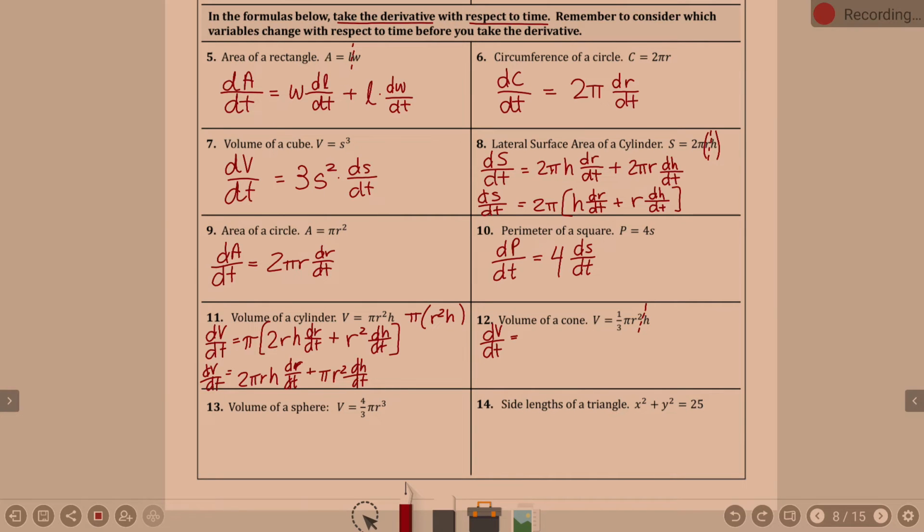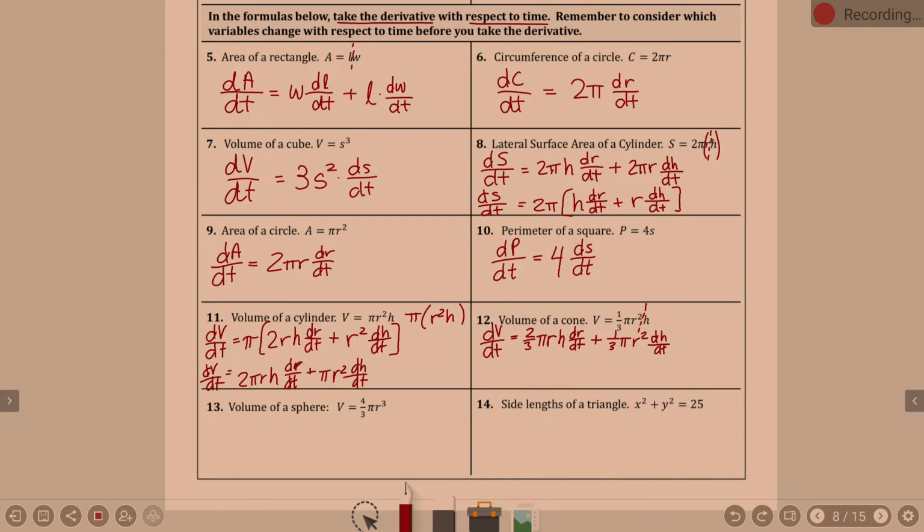If you keep the 1/3 in there, when you multiply by 2, it becomes 2/3 pi r, keep the h, and then times the dr/dt, plus keeping 1/3 pi r squared. The derivative of h is going to become dh/dt.